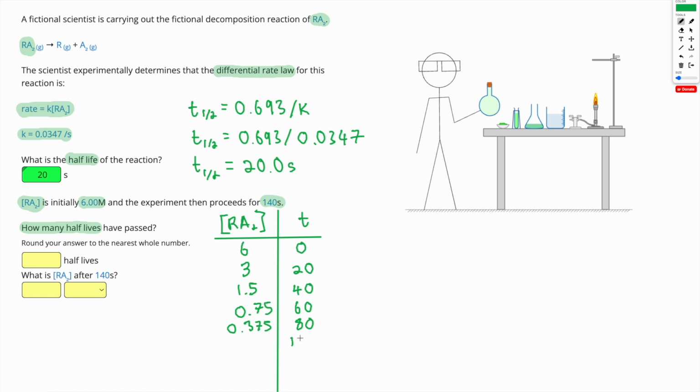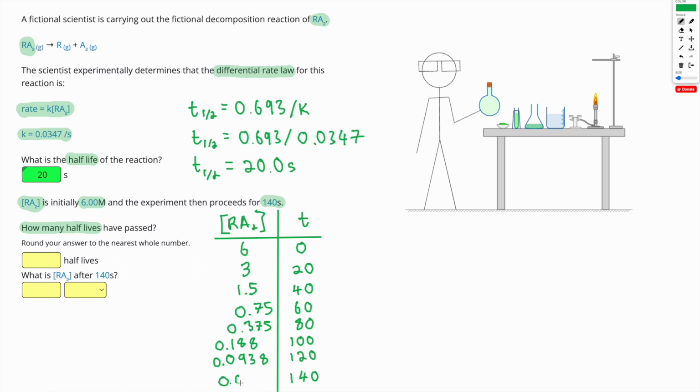20 more seconds later, our time is 100, and our concentration has halved again, getting us 0.188 as our concentration. 20 more seconds later, it's halved again, and our concentration is now 0.0938. Finally, we have one more half-life to get us to 140. And at that point, our concentration halves again.